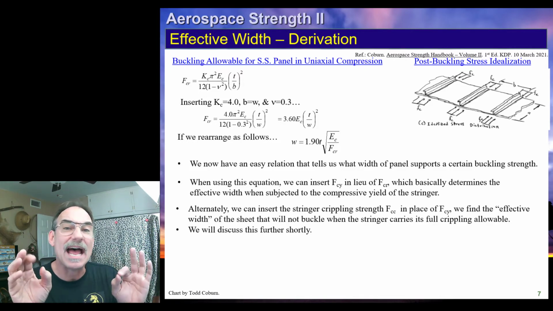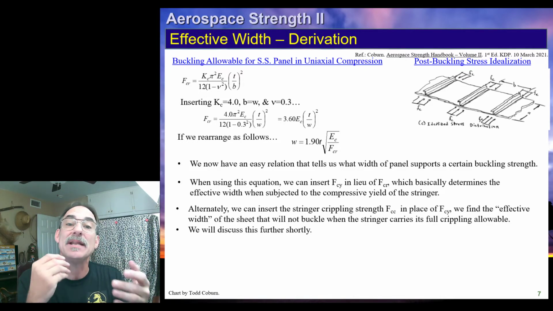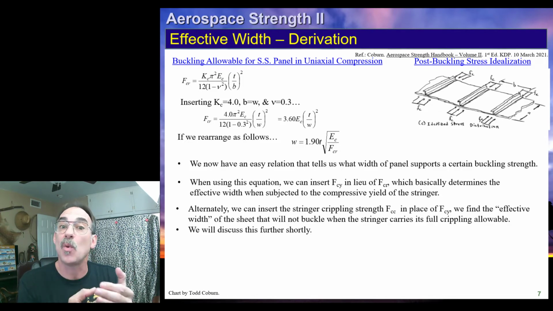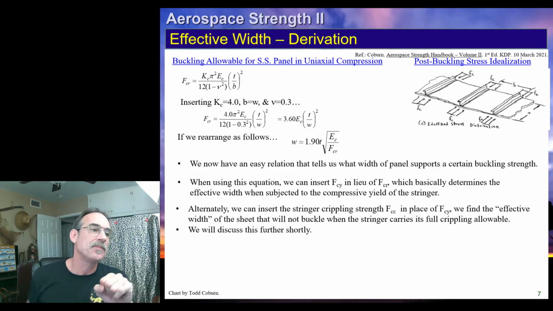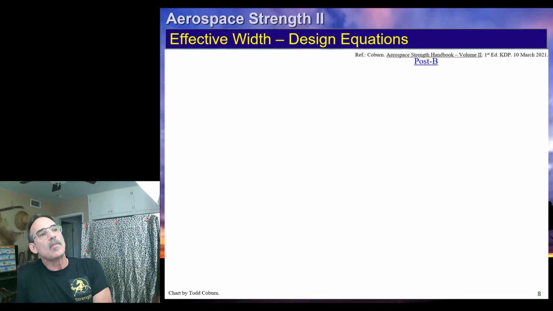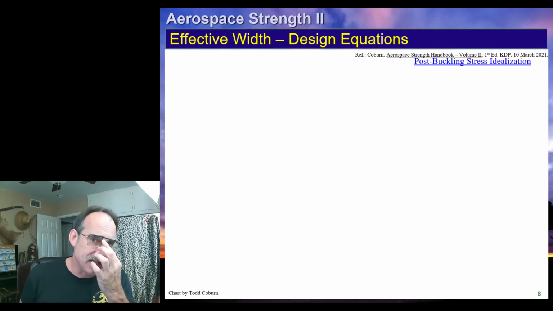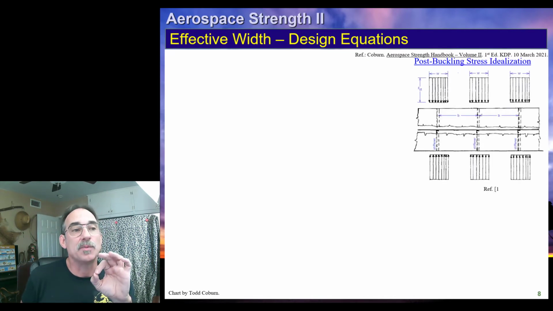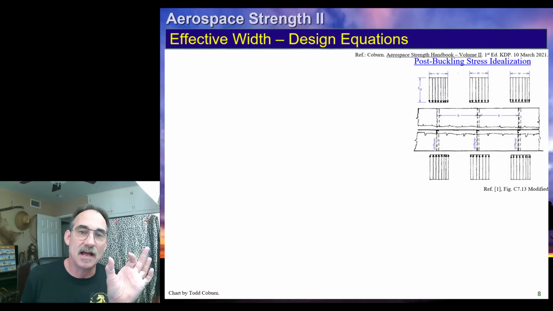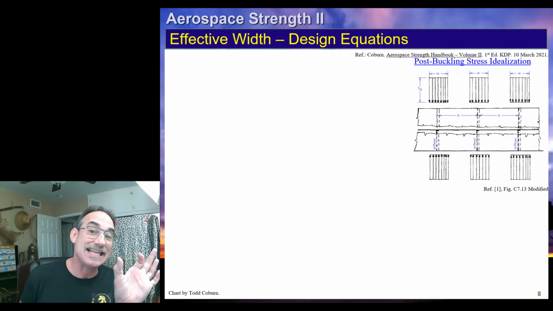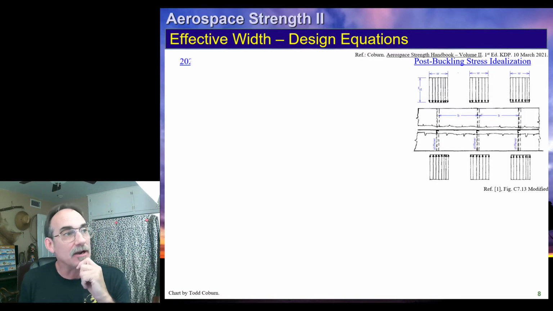If you don't quite have it, it's okay, because I'm going to give you some really clear equations that are simple to implement in a moment. Okay, so the design equations that we have are like this. We have this assumption of how much effective width of skin is acting with the stringer.